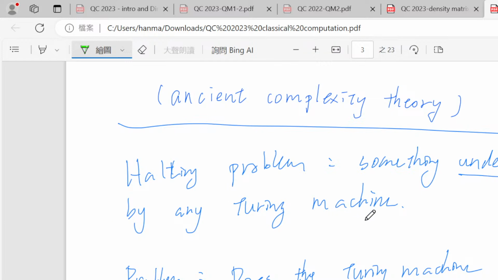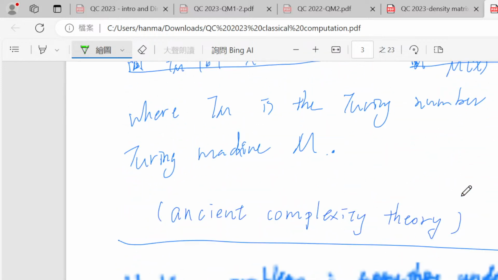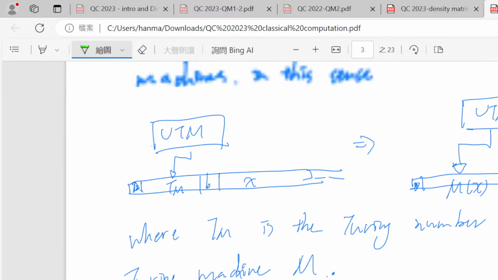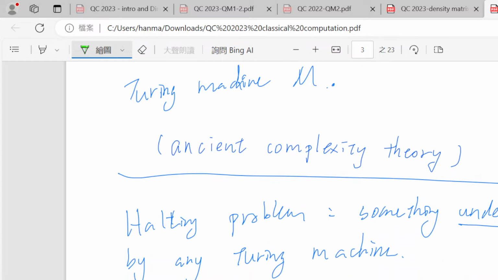Okay, and I guess by decidable we mean that there is a problem, and yeah, we'll see soon. And so I guess decidable means that there is a Turing machine that will compute the problem and stop.